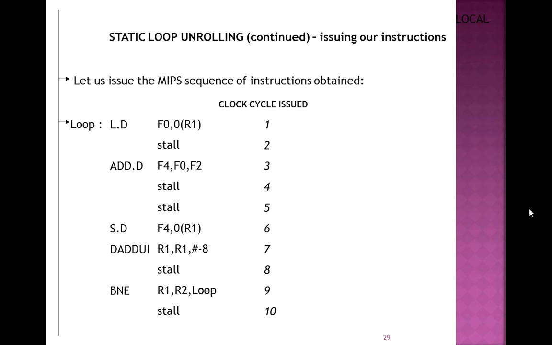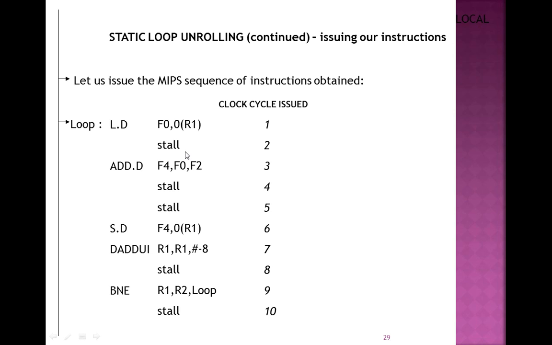Then this is static loop unrolling continued, issuing instructions. Let us issue the MIPS sequence of instructions obtained, with the clock cycle issued. This is the loop: L.D F0, 0(R1), and the clock cycle issued is 1.